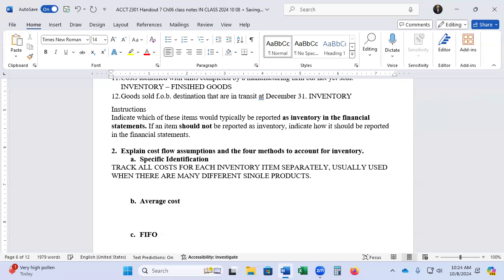Something like this is used generally when there's many different single products. So you walk into a car lot, for example, and there's 15 trucks on the lot, and they may all be Ford F-150s, but one's a Raptor, one's a Texas edition, one's a King Cab, one's a short bed, one's two-wheel drive, one's four-wheel drive. Do they want to record their costs all at the same price?